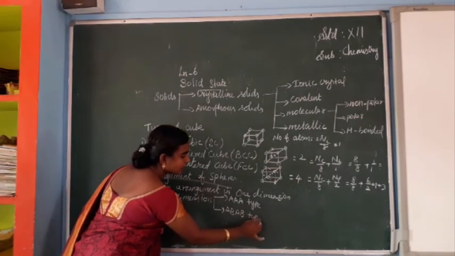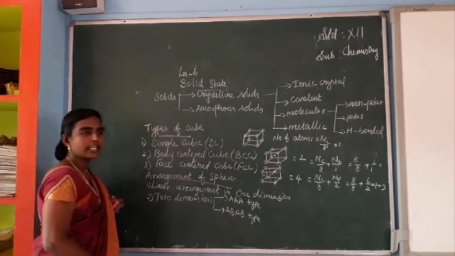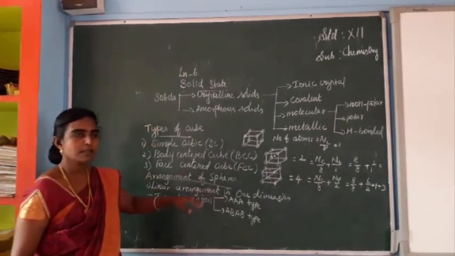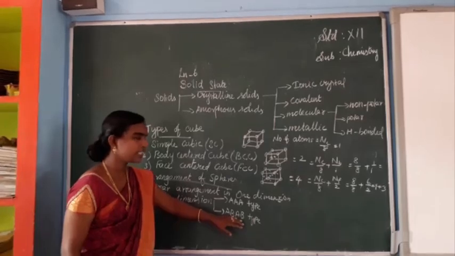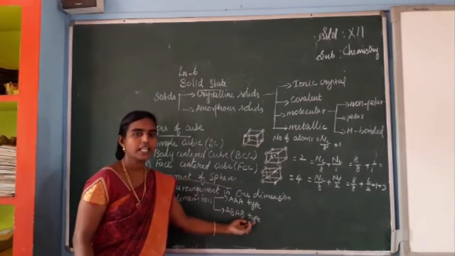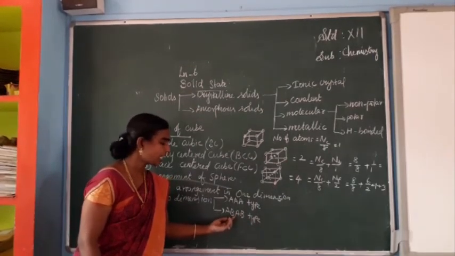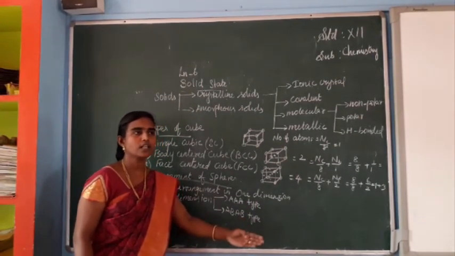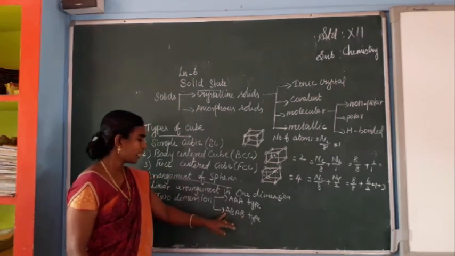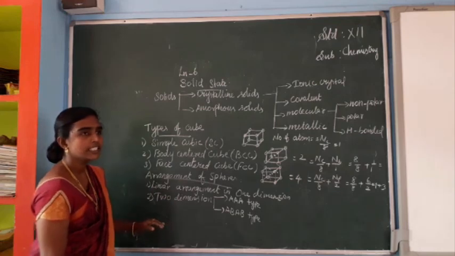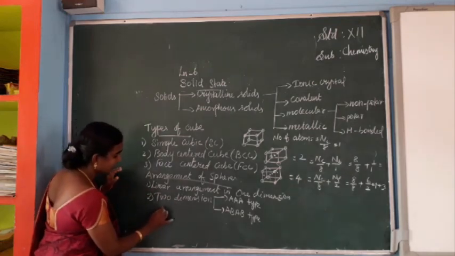Isn't it? In A type, each layer is similar. In AB type, the first layer, third layer, fifth layer are the same, and the second layer, fourth layer, sixth layer are the same, so alternately it is different. So AB type. Next we have seen tetrahedral void and octahedral void.